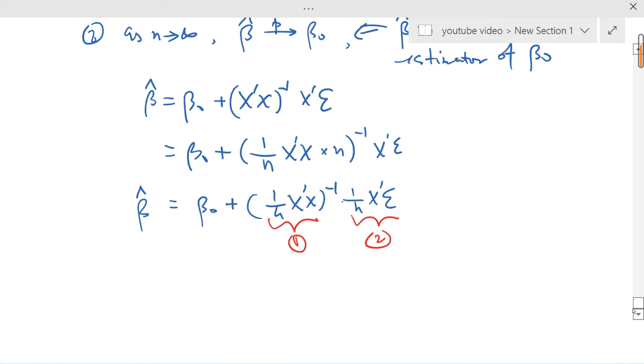The reason that I want to divide by n is because I want to apply a very powerful tool, which is called the law of large numbers. What does the law of large numbers say?